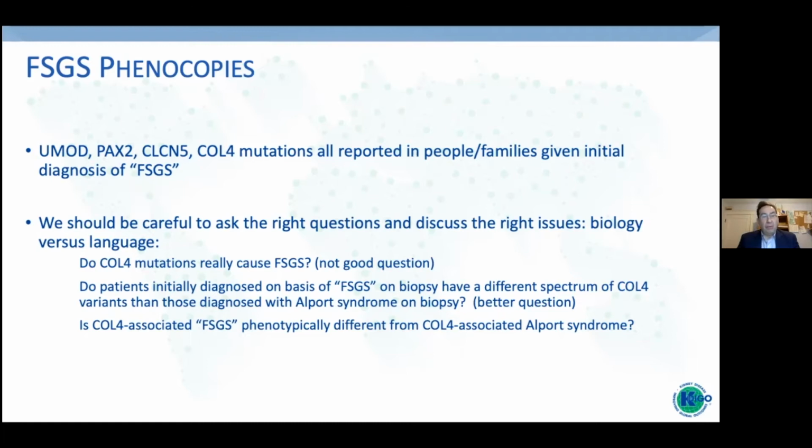That's a better defined question. Or is type 4 collagen associated FSGS phenotypically different from type 4 collagen associated Alport syndrome? We should not let our historical usage of FSGS lead to muddy thinking about these things.